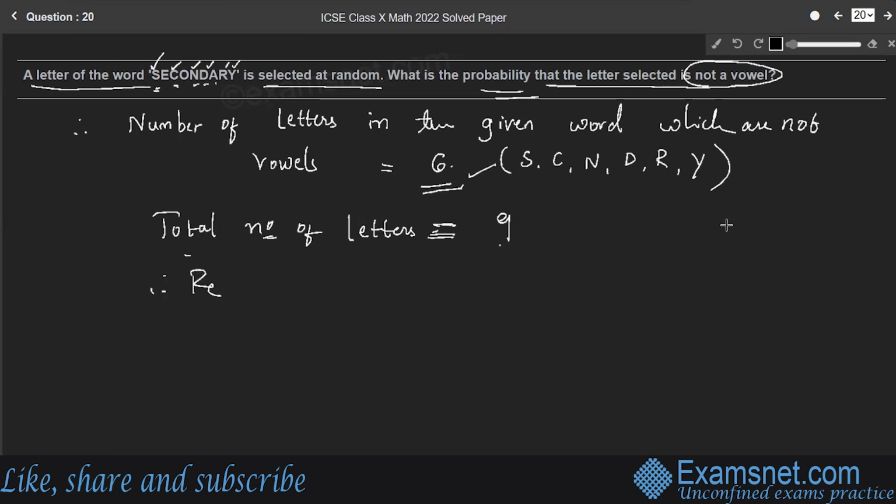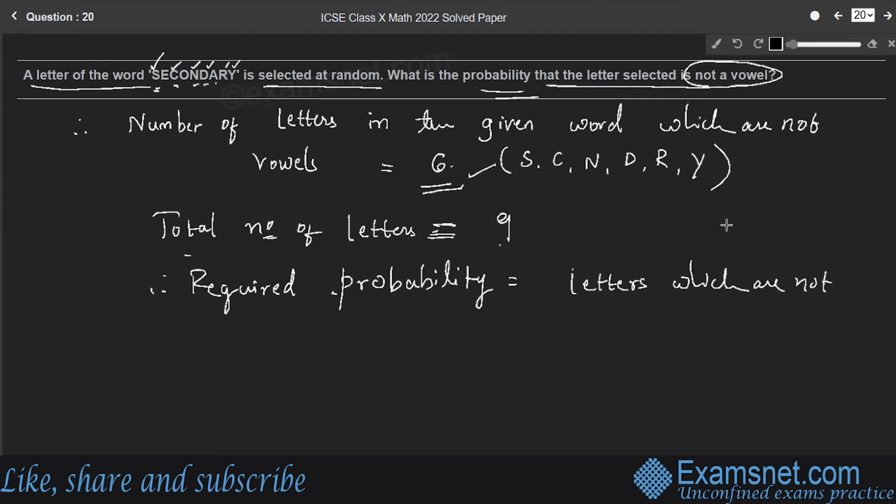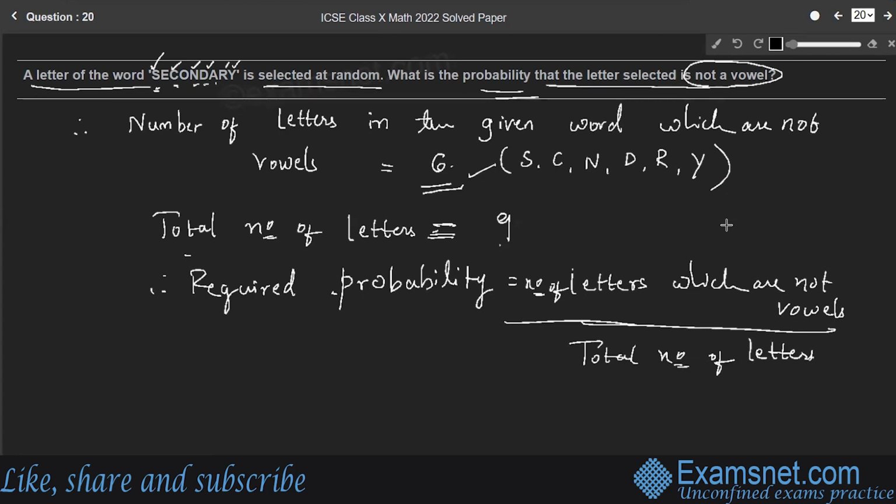Therefore, the required probability is the number of letters which are not vowels divided by the total number of letters in the given word.